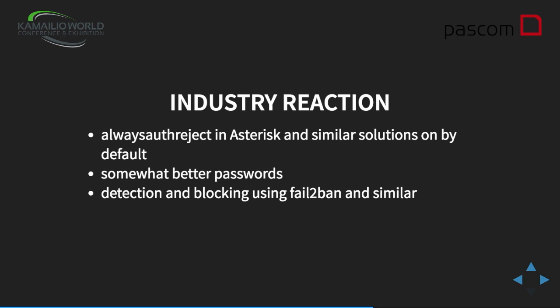Industry reaction is much more important in my opinion. Asterisk finally started enforcing always auth reject, which responds to SVWAR and similar tools in a similar manner, so that SVWAR cannot work like that. Of course, as our colleague mentioned, people started using OPTIONS and SUBSCRIBE to do their enumeration.